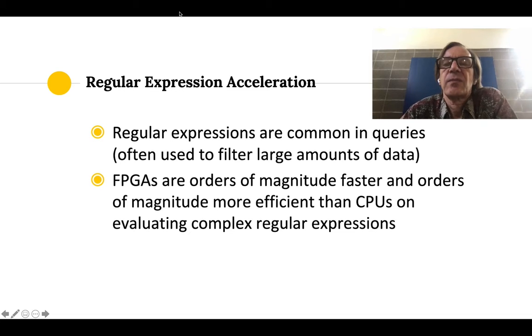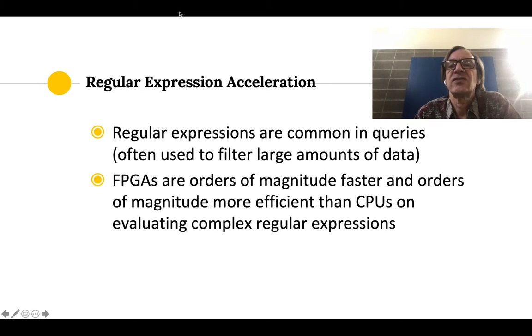So our last example of acceleration is the evaluation of regular expressions. So regular expressions are common in queries and are often used to filter large amounts of data for the occurrence of certain words or symbols, perhaps in a certain proximity to each other.